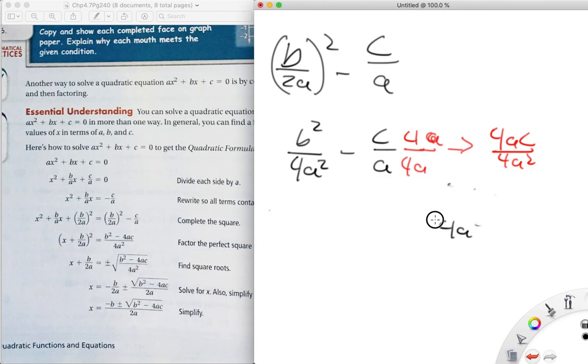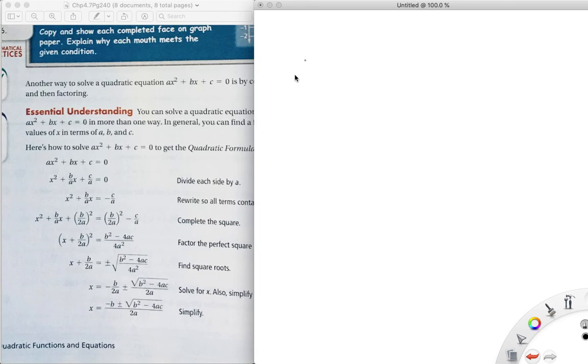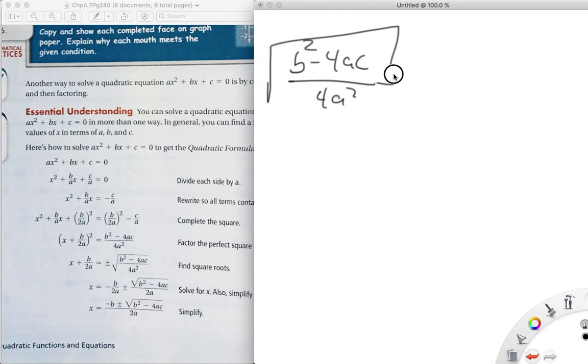So when we do that part algebraically, we square root that, and we're square rooting each one individually, in terms of the numerator and the denominator.